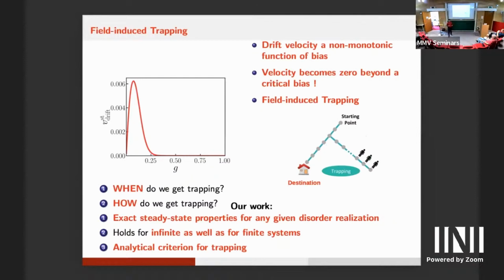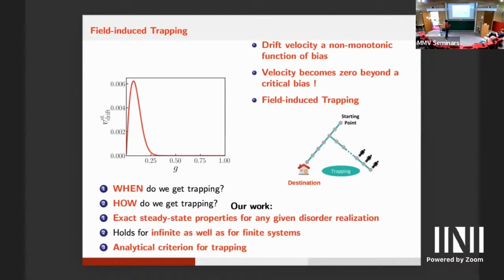That brings in a length scale: how much can it travel against the field and how much can it travel in the direction of the field? The ratio of the two is one length scale, and the other is set by the exponential distribution. Therefore you have such a non-monotonic behavior depending on which of the two length scales wins.